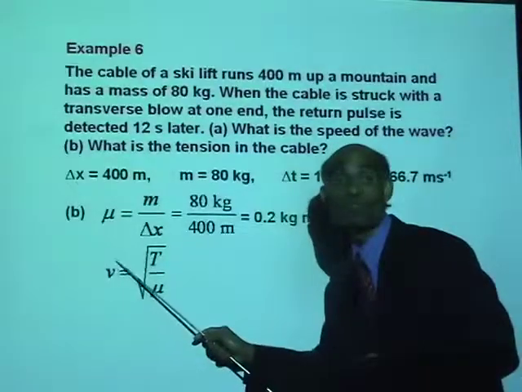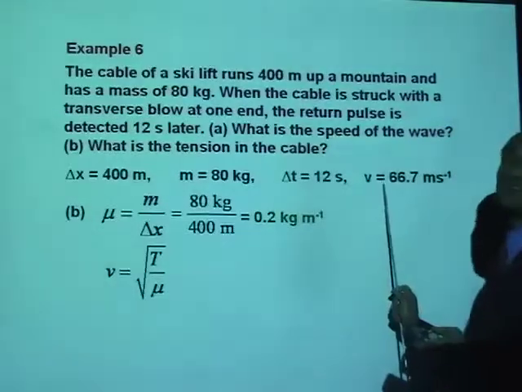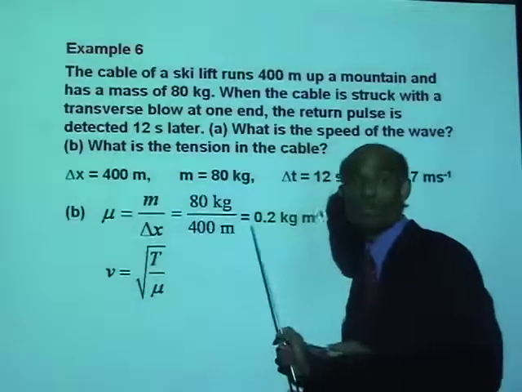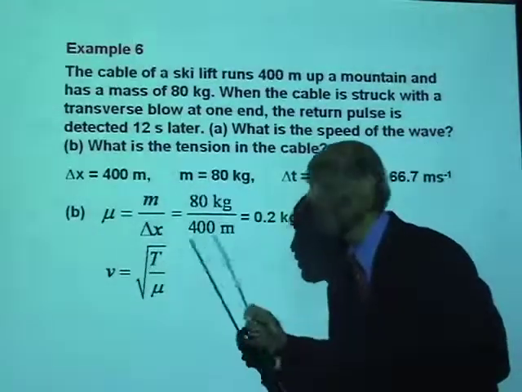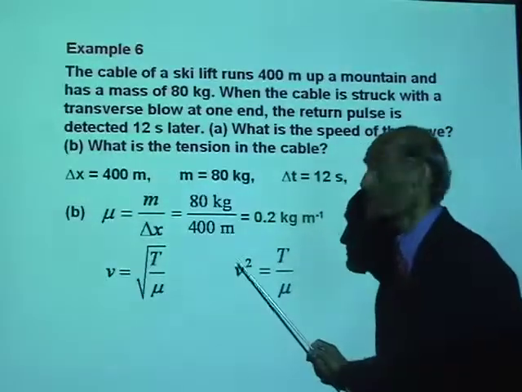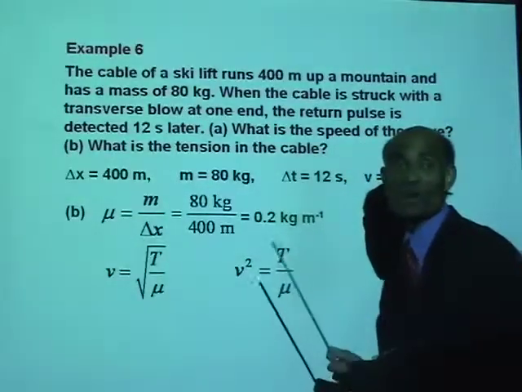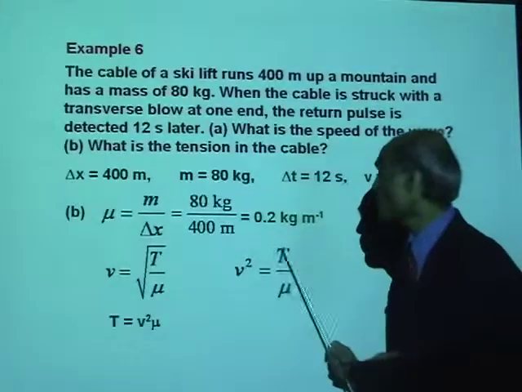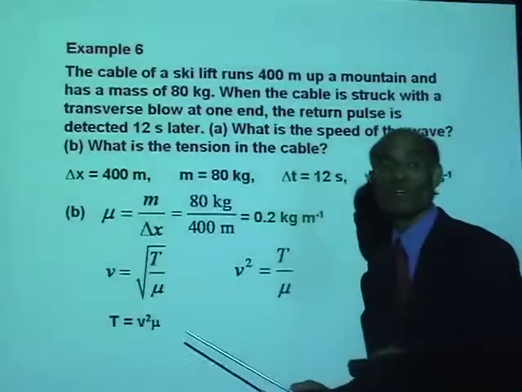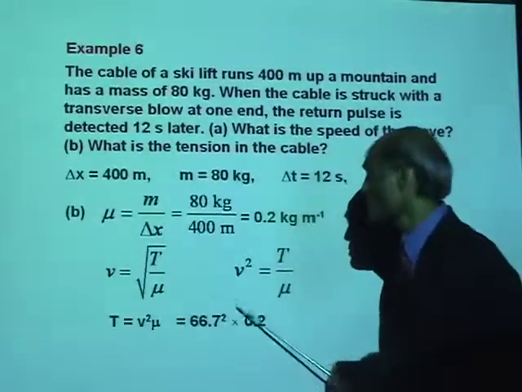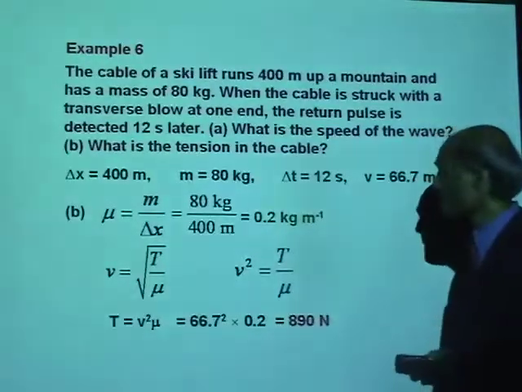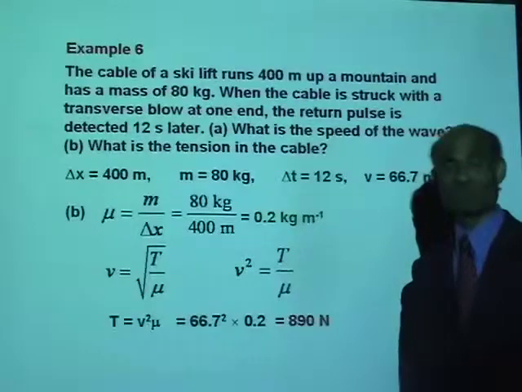We know the value of v, we just calculated it. v is 66.7 meters per second. We know mu, we just calculated it. Therefore, you can find T. Again, square both sides. v squared equals T over mu. Therefore, T equals v squared times mu. And that will be 66.7 squared times 0.2. That will be 890 newtons.